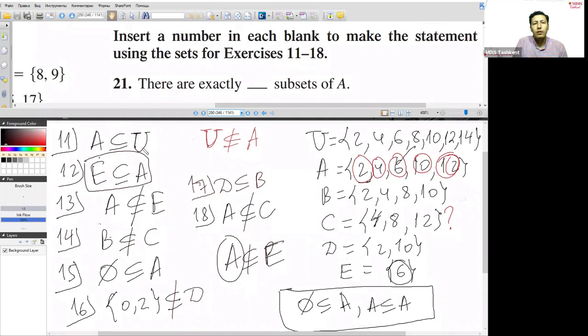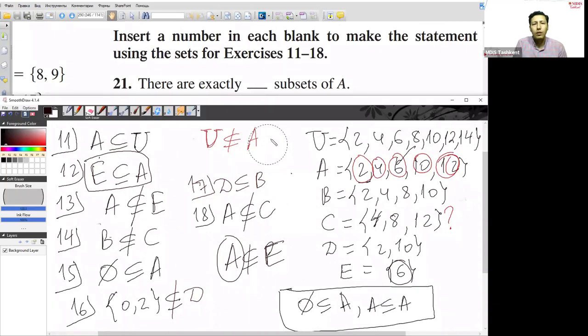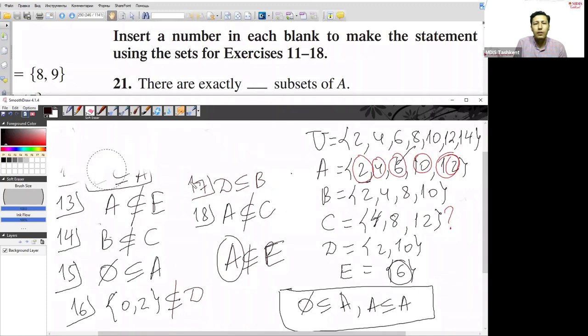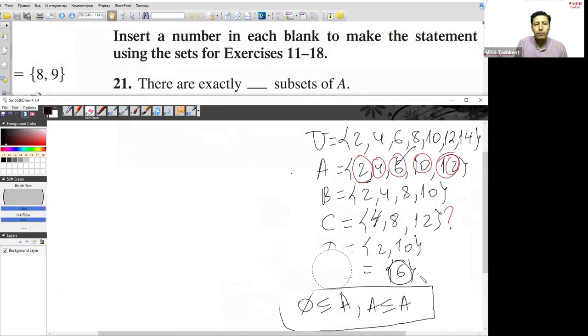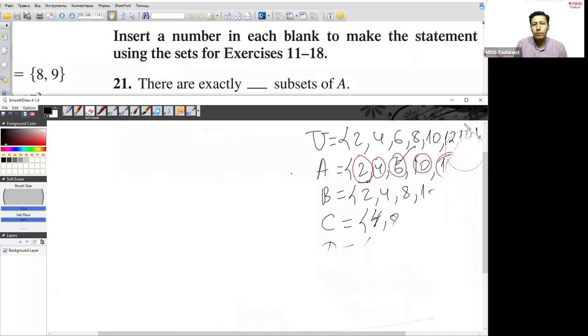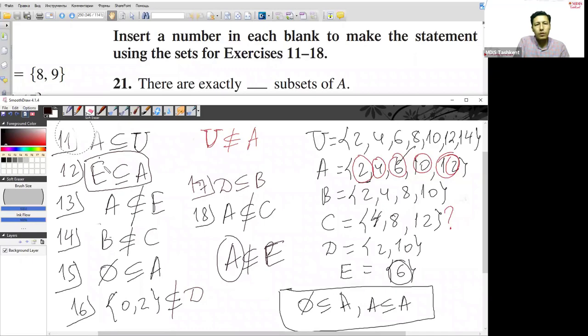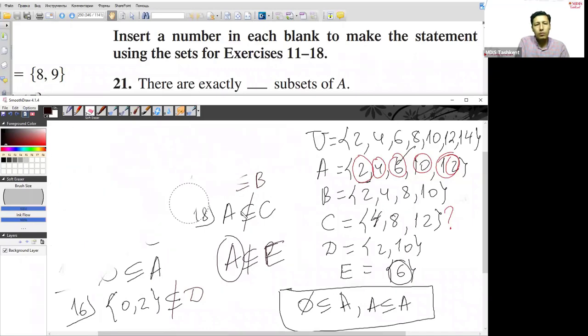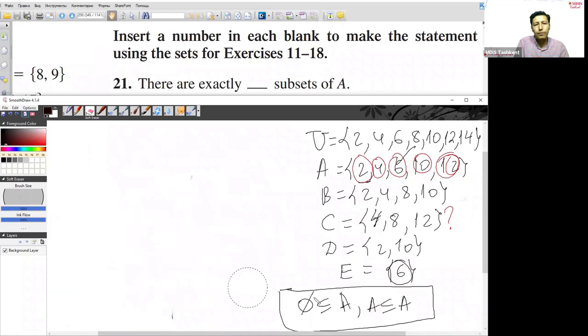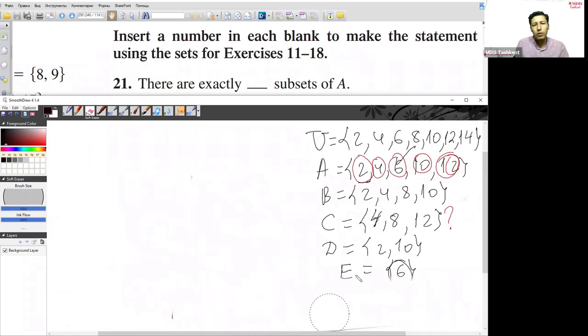Okay, then let's move to the next topic about subsets, the number of subsets. So I will clean this. A, B, C, D. Okay, N(A).